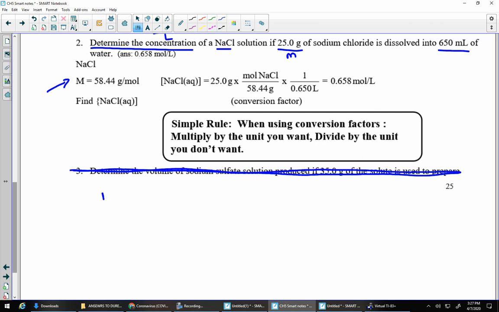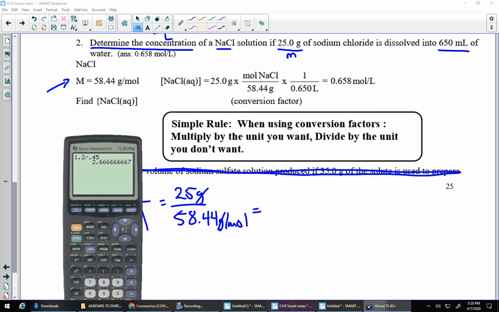So we could go through and we could say, oh, well, amount is equal to mass divided by molar mass. So that's going to be 25 grams divided by 58.44 grams per mole. We see our units canceling. We'd end up with however many moles of the substance.